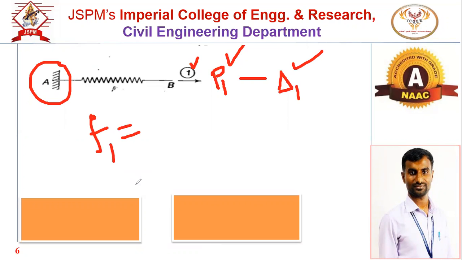F1 is equal to displacement caused by unit force. So flexibility is given by displacement delta 1 divided by applied force P1. This is the flexibility.